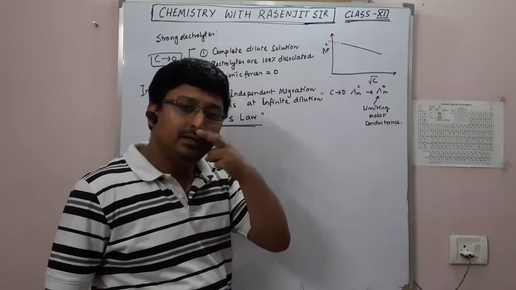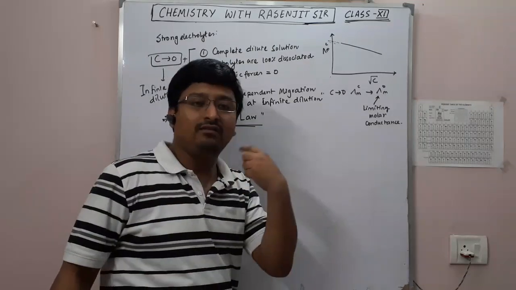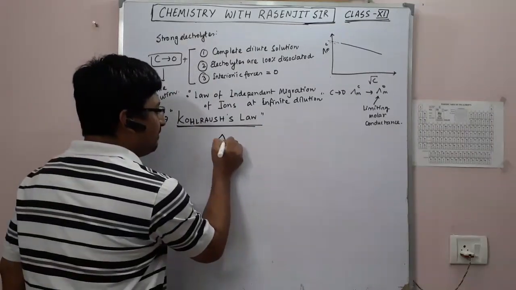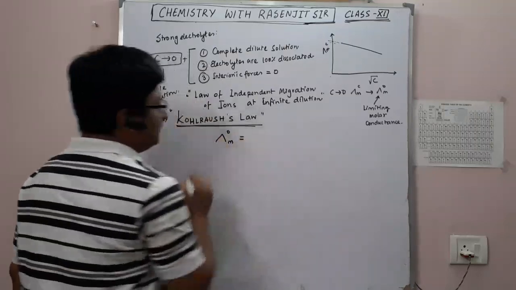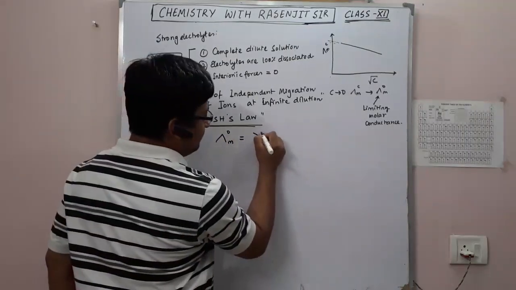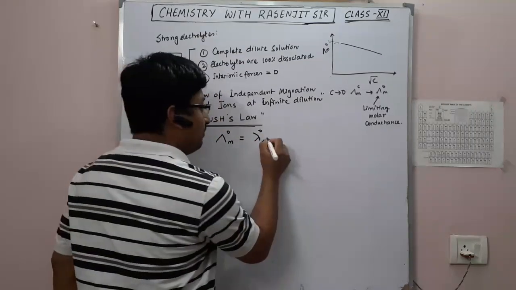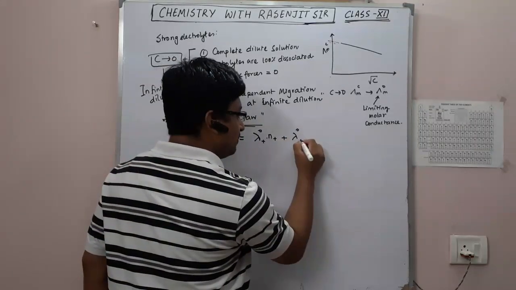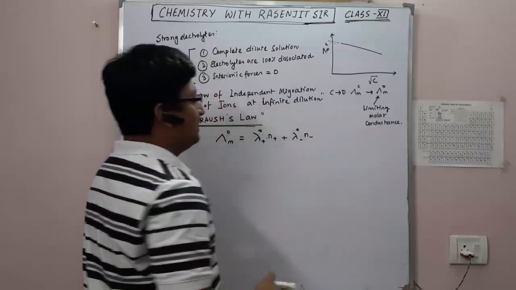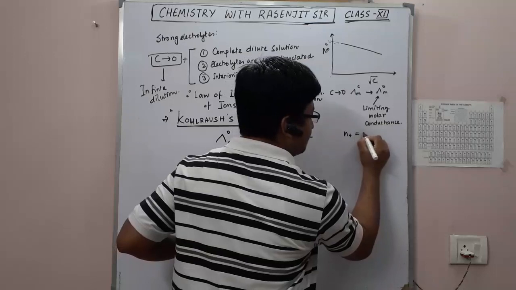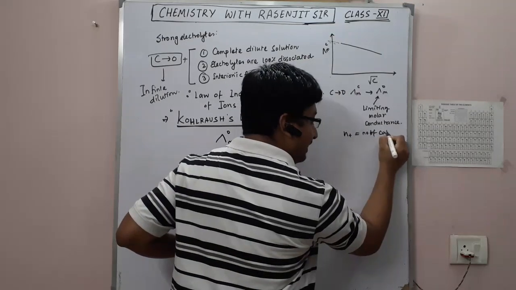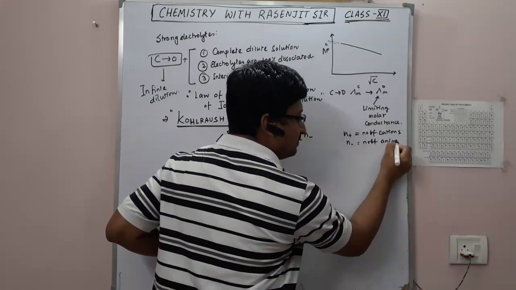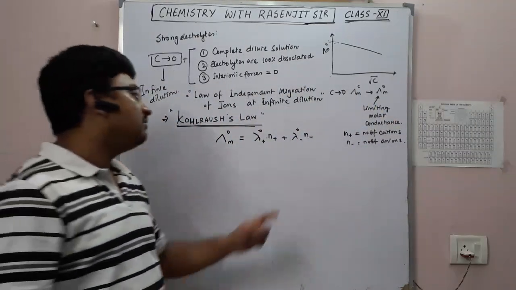So if their charge is, let's say, plus 2, then 4 ions will have a total charge of 2 into 4, that is 8. So we can say the total lambda m0 is equal to lambda 0 of the cation multiplied by n plus, plus lambda 0 of the anion multiplied by n minus, where n plus is the number of cations and n minus is the number of anions.